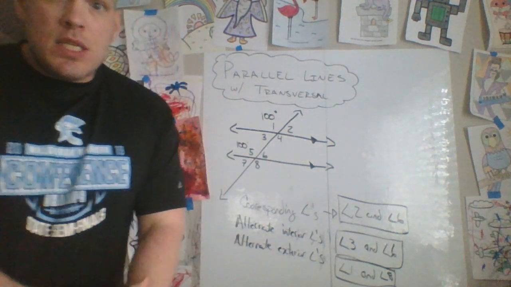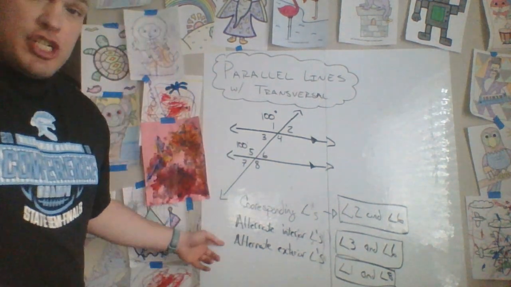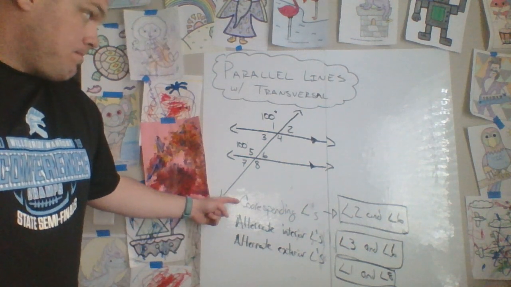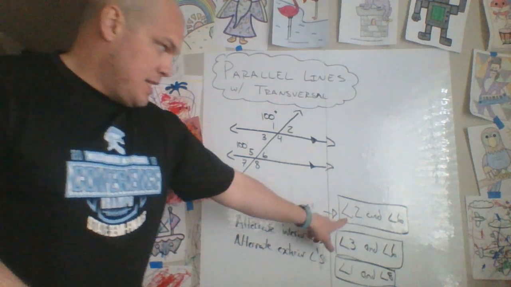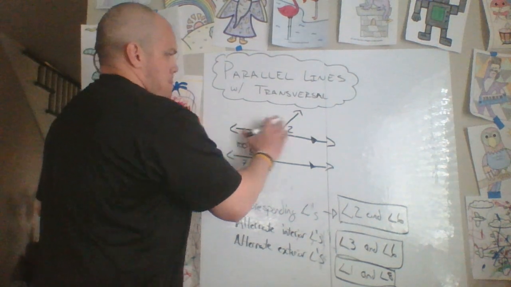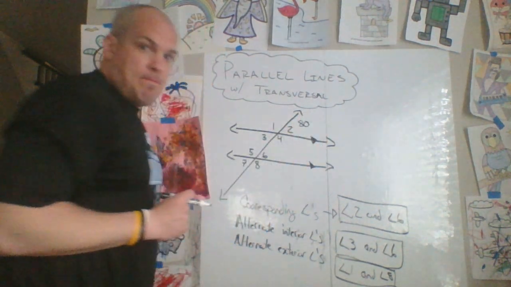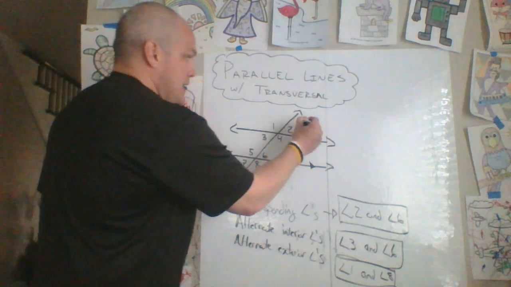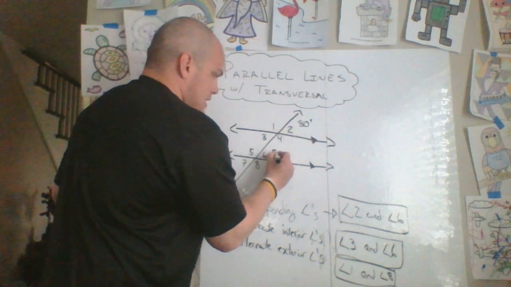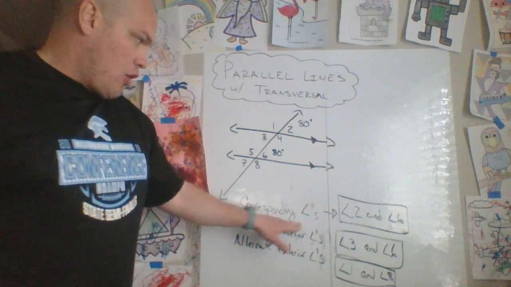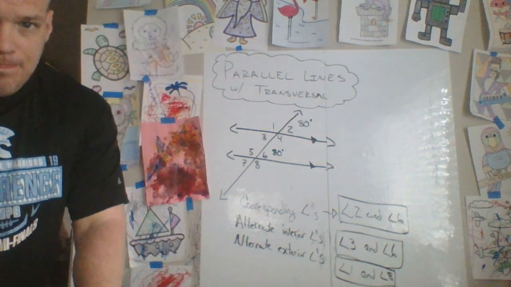Why is that? Well, based on our definitions, they are corresponding. I probably should have used these. So let's go back. Let's use angle 2. Angle 2 is 80 degrees. If angle 2 is 80 degrees, then angle 6 is also 80 degrees because they are corresponding angles.